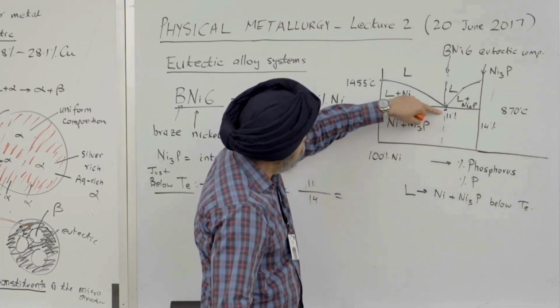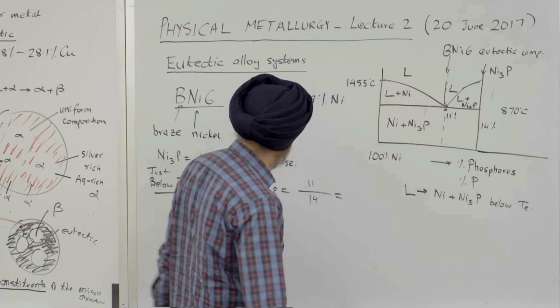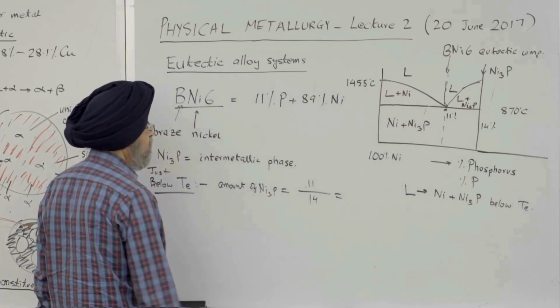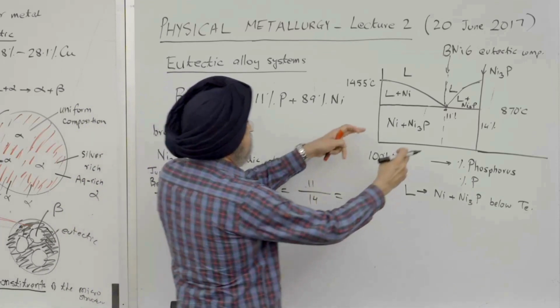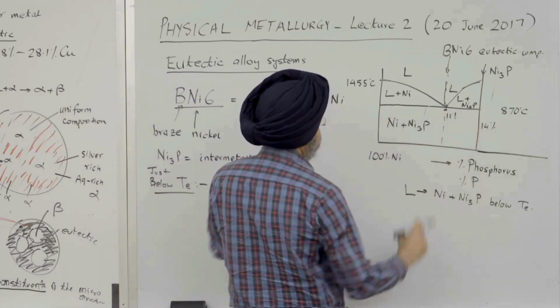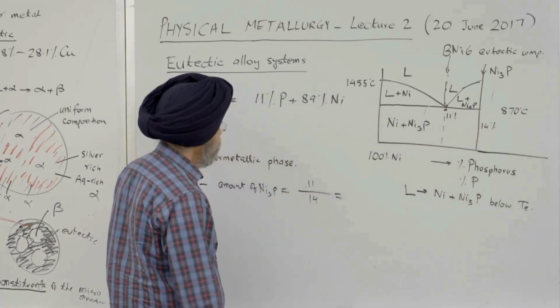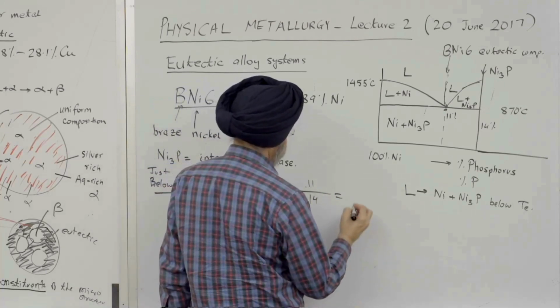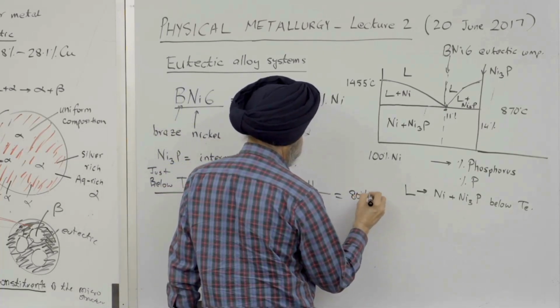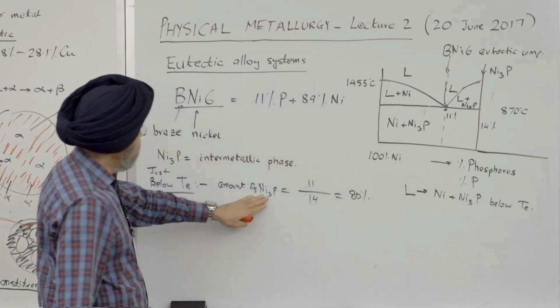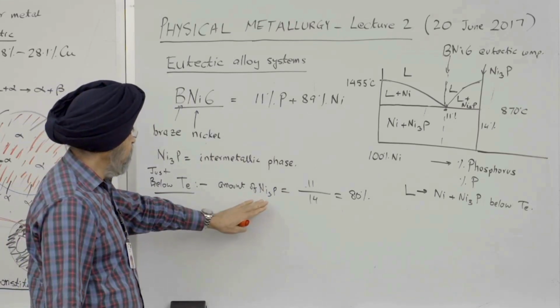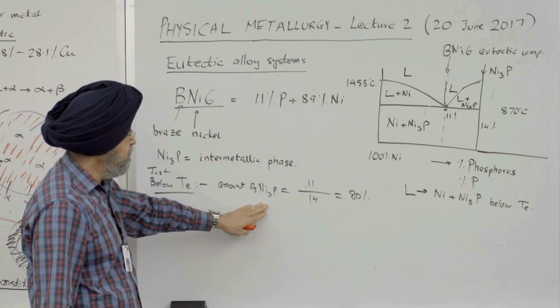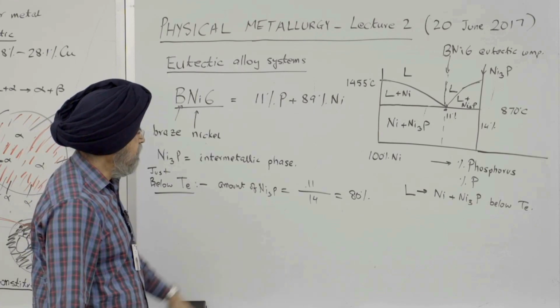Right there. So we only have Ni plus Ni3P. So how much Ni3P do we have? We have this much divided by this much by the lever rule, right? So this is about 80%, in that ballpark. So Ni3P dominates the amount of material compared to the nickel.